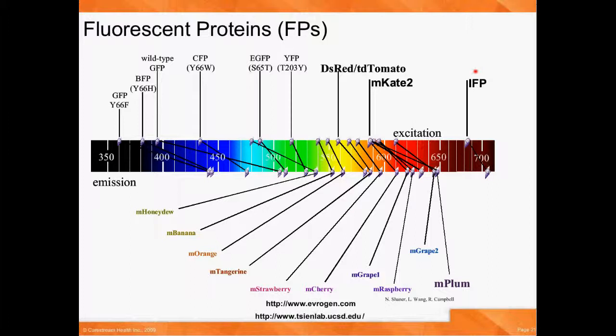IFP is a new fluorescent protein recently published in Science by Roger Tsien's group that excites in the near-IR and emits in the near-IR, although its brightness per molecule is slightly less than those other probes.